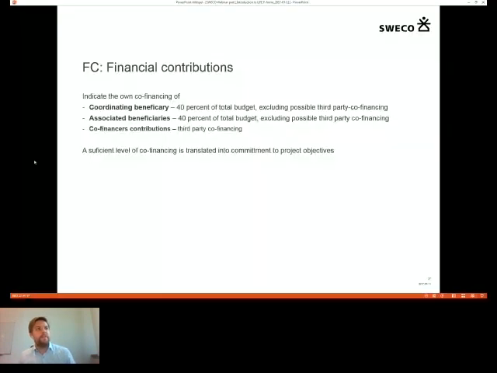Well, we are coming back to financial contributions. Cover this very quickly. It's important that every partner has a significant budget, because the Commission translates this into commitment, and also co-financers' contributions. This is third-party co-financing.